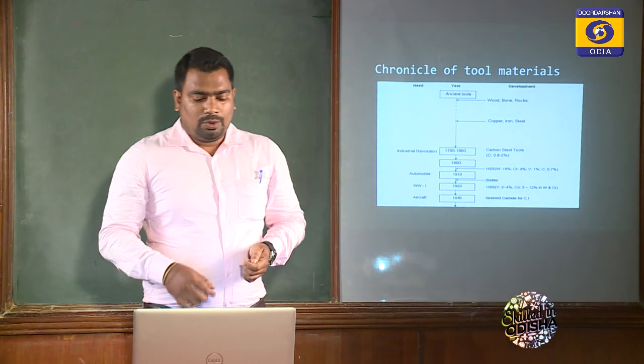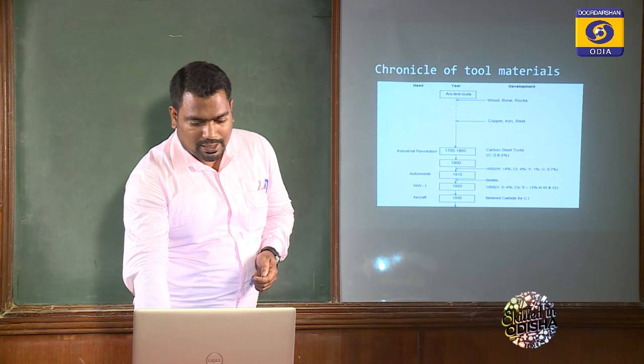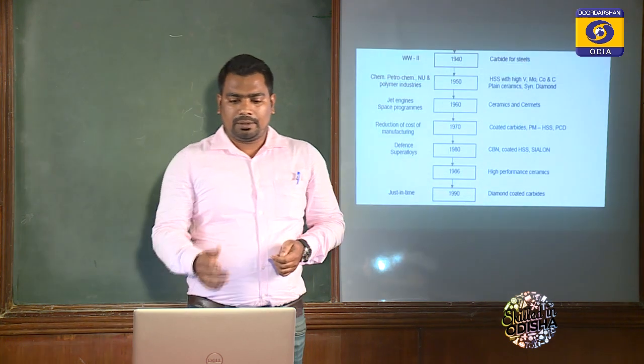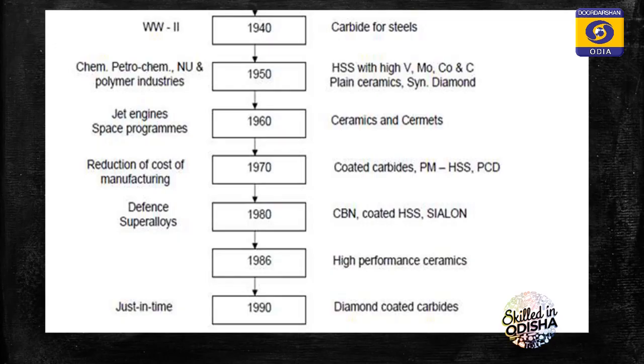Then with the course of time, we developed our cutting tool materials. During World War II, we invented carbide tools, then ceramic tools, then coated carbides, CBN, then high performance ceramics got developed, and at last diamond coated carbides were also invented.